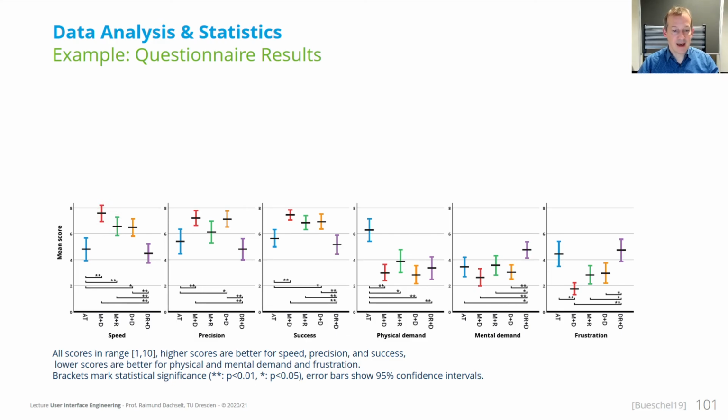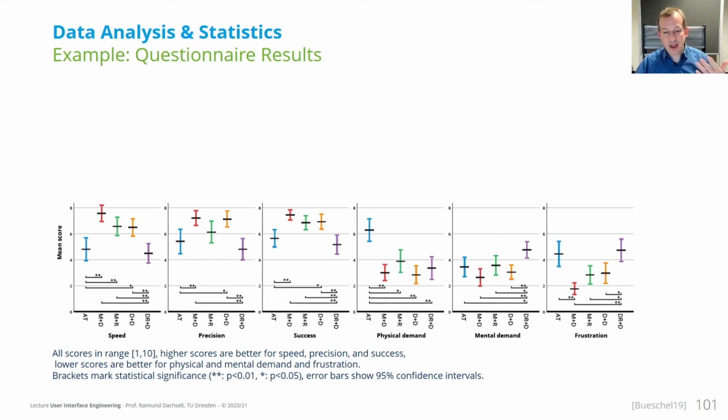So again, M and D and M and R were also felt the highest, as you see here, and there was a significant difference in how fast users felt they were between the M and D condition and the other conditions, as you see again with these bars here.